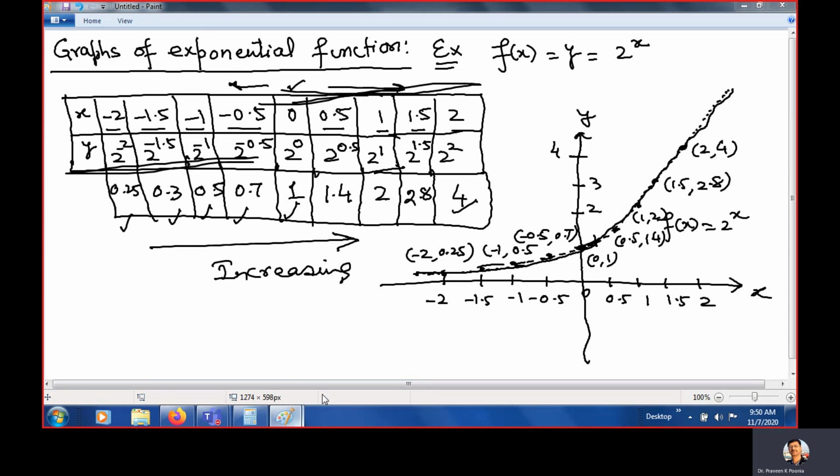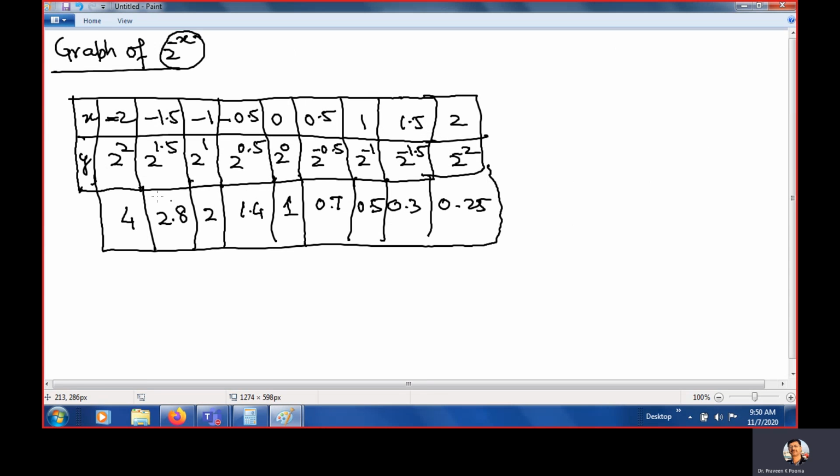But because the graph is 2^(-x), you will see here the values are decreasing, because it starts with 4 and reaches up to 0.25. So the values are decreasing here.